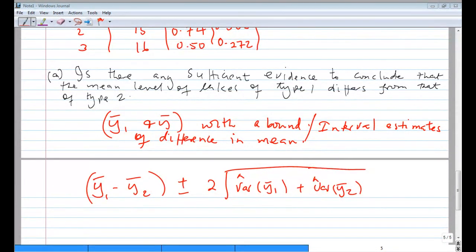Remember, this part represents a bound, if you still recall.